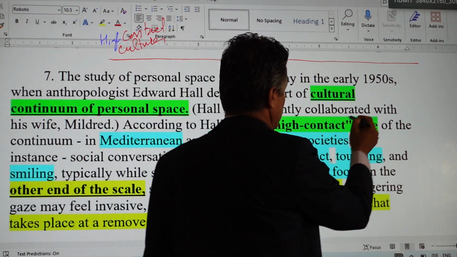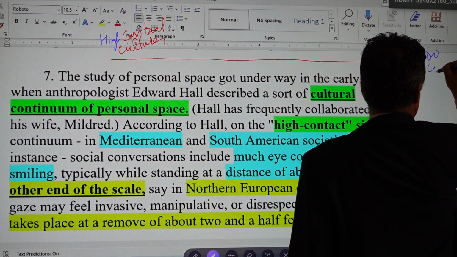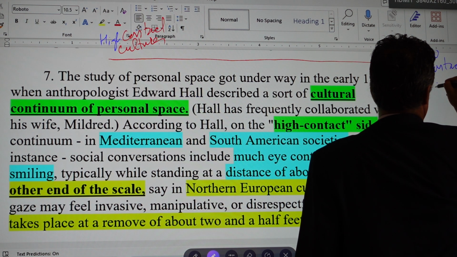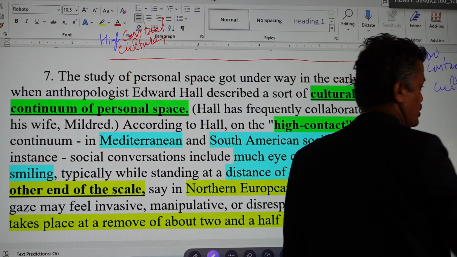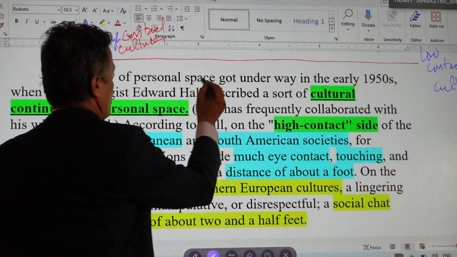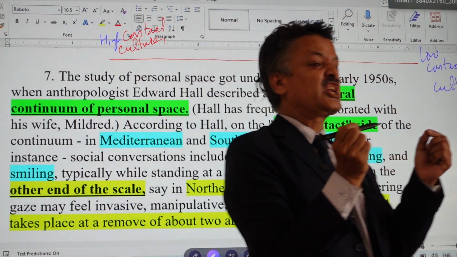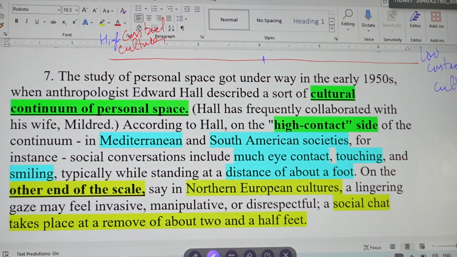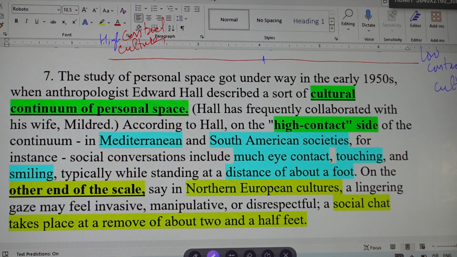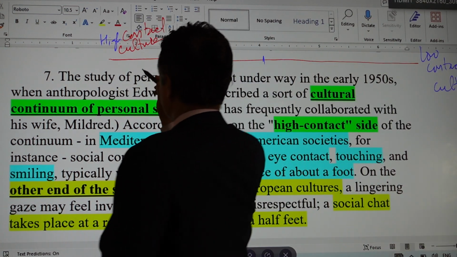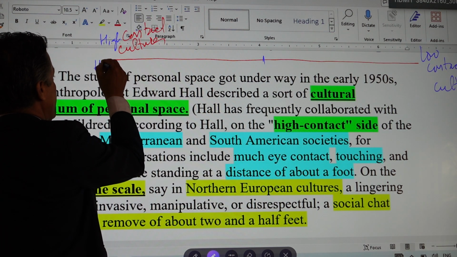At the other end you have low contact cultures, right? So what does continuum mean? What is a continuum? A continuum is continuity of a characteristic. Continuum means the feature continues. For example, when you come to this end, the cultures are very high contact.